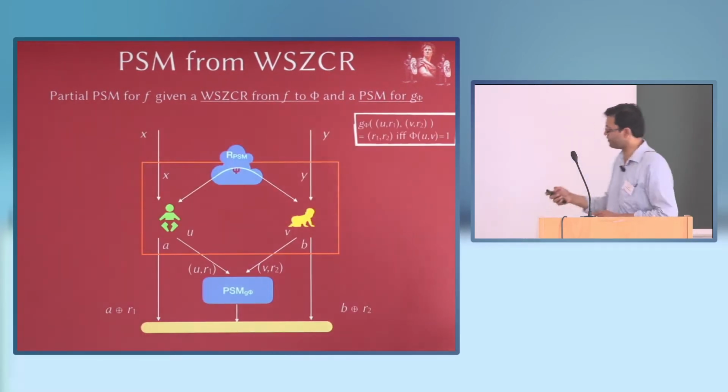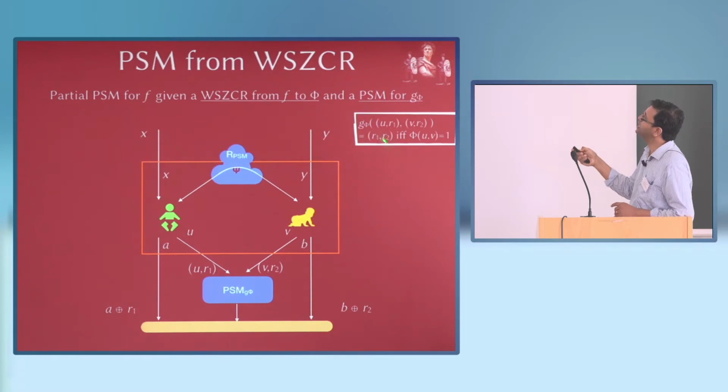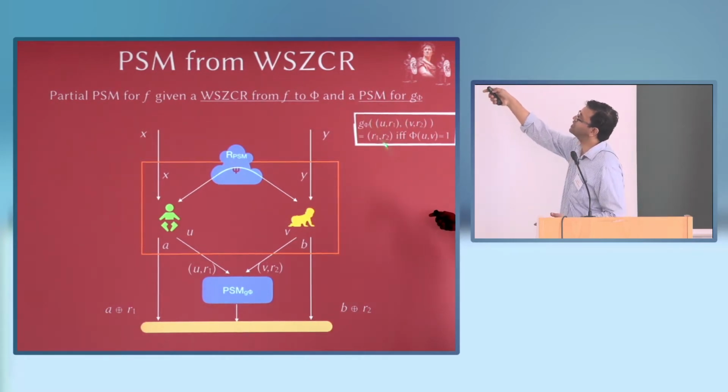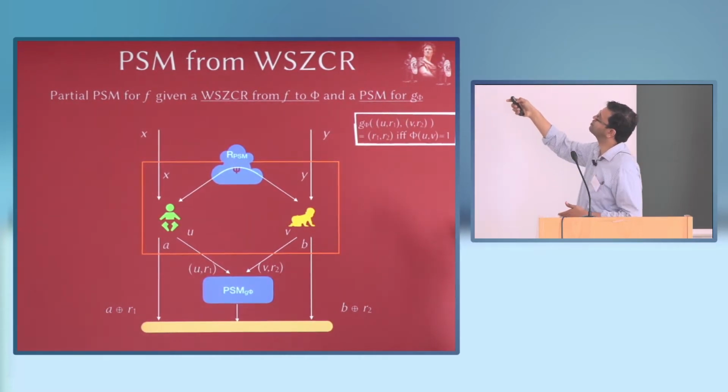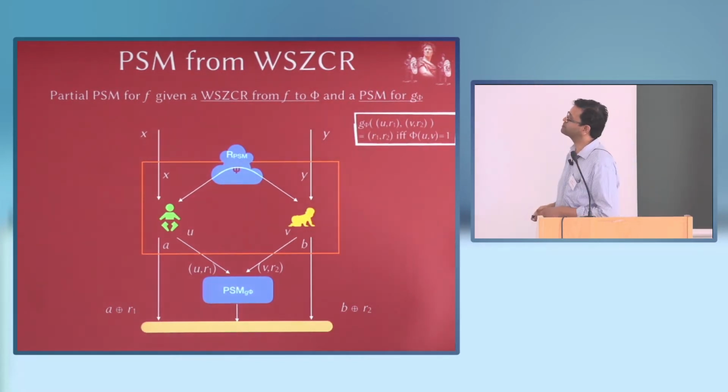Okay, so this G phi is basically this. It takes 2 inputs, UV, but along with 2 random strings. And if phi of UV equal to 1, it will disclose those random strings. It might look like a complex thing, but actually it's very simple. If, say, phi is something like AND, you will have a very efficient protocol for this.